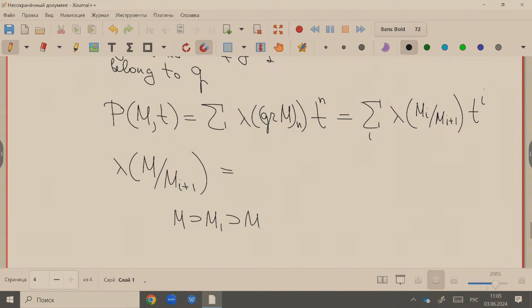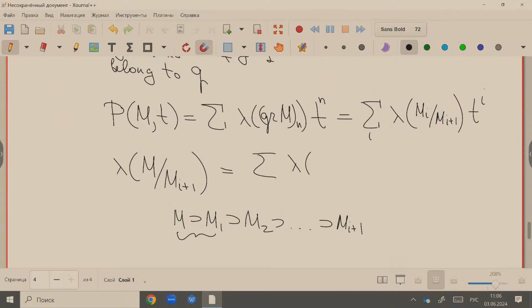For the corresponding filtration, you can decompose into these pieces and sum up this function over these pieces, with j going from 0 to i.